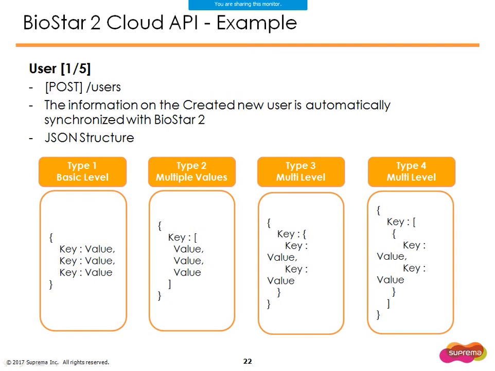Finally, type 4 is also about the multiple level, but it is a bit different from type 3. In type 3, the value can have one object, whereas the value in type 4 can have multi-objects.